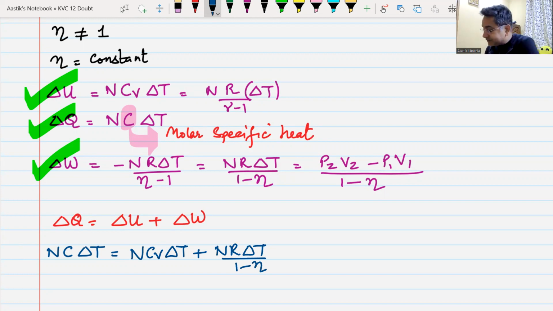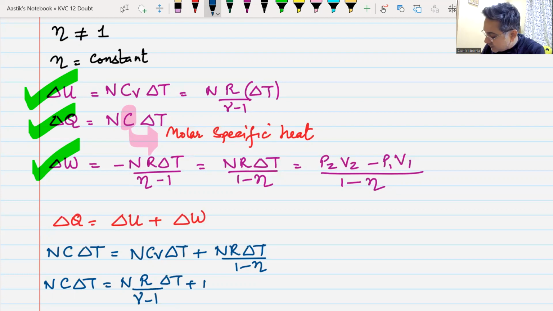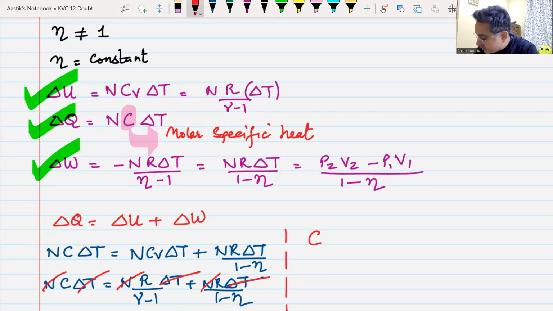Now, if I write everything in a different way, nC delta T, with CV written as R upon gamma minus 1, is equal to R upon gamma minus 1 into n delta T plus nR delta T upon 1 minus eta. If I cancel the common terms, I can get the molar heat capacity in this process.